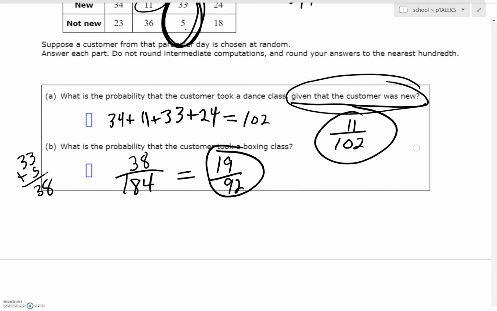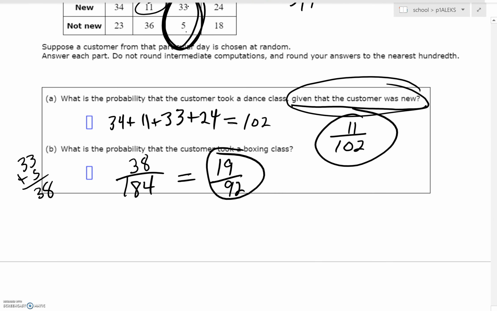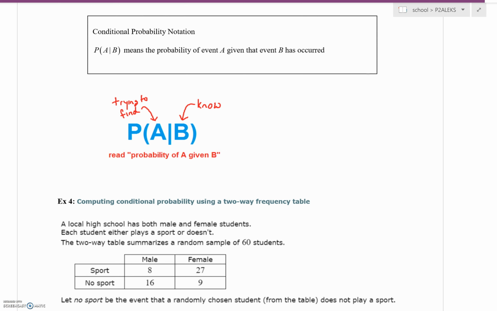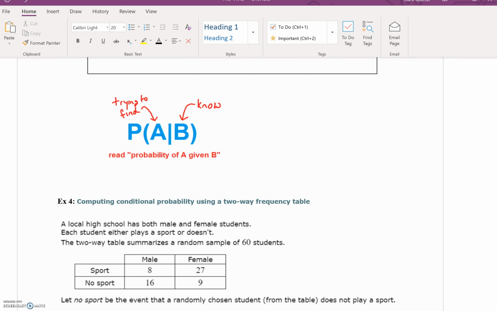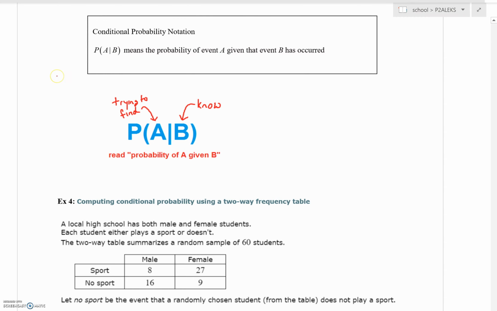Okay, so as we go to our last page, it's more about notation. It's more about the symbols that we have here. Going to this very last page of the packet, conditional notation. When you see this vertical bar here, that involves conditional probability.